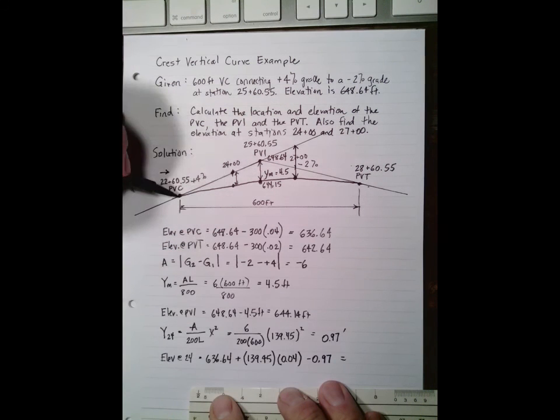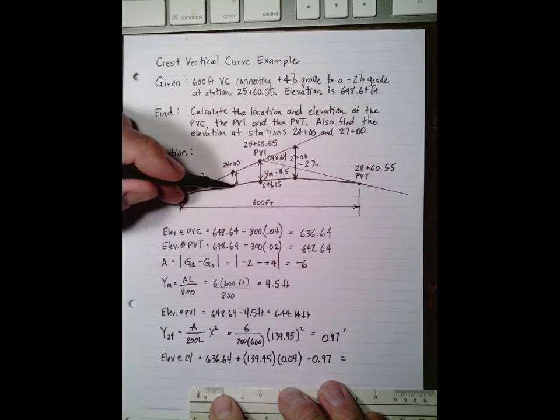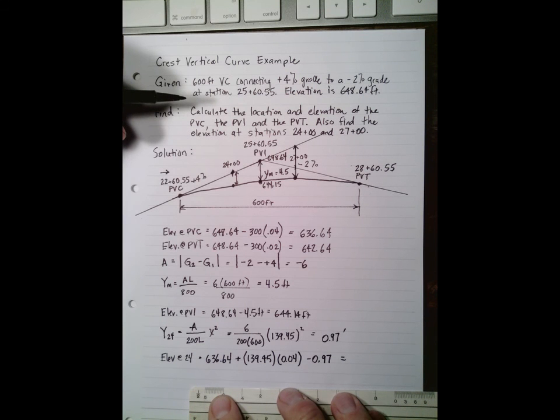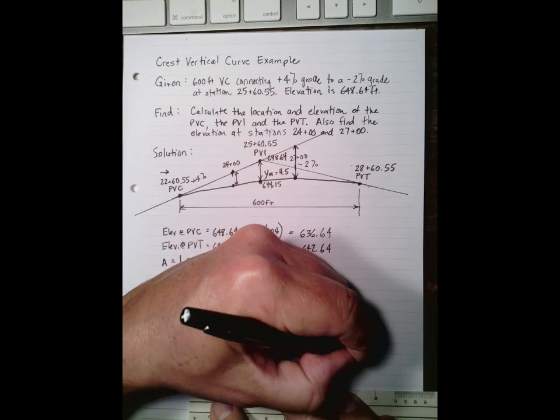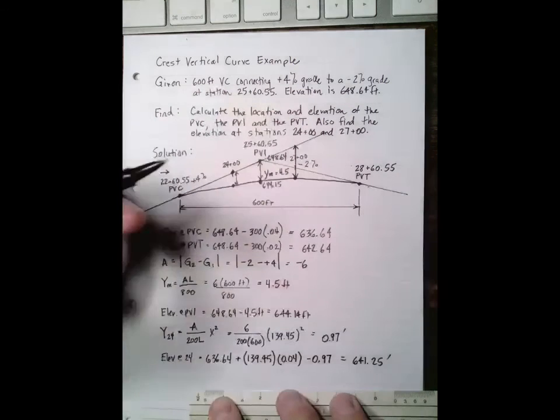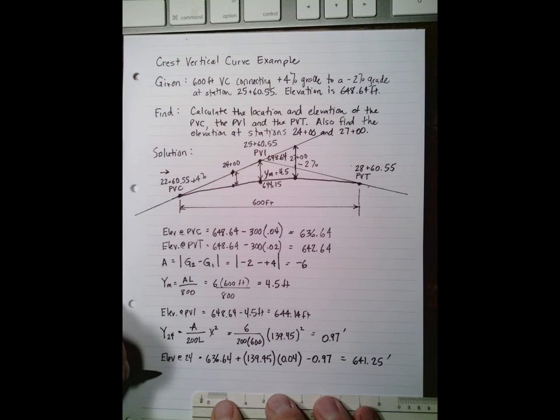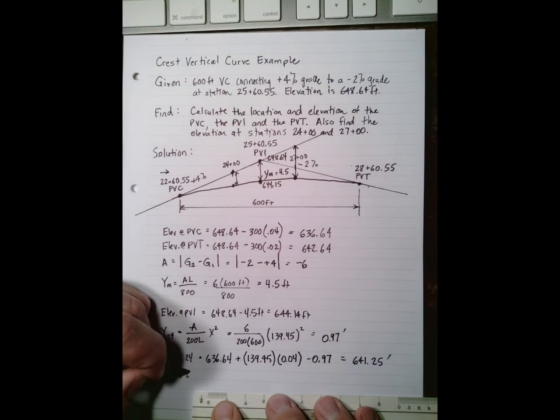So we're going from here up and down. And so the elevation at 24 plus 00 is 641.25 feet.